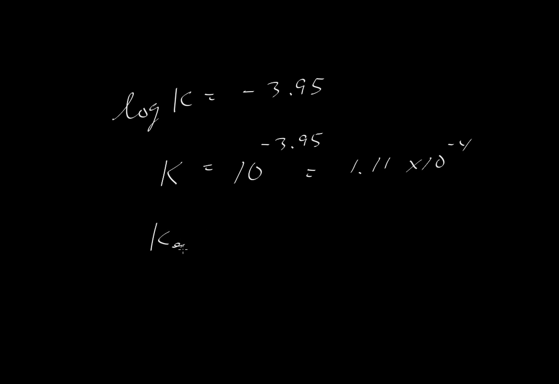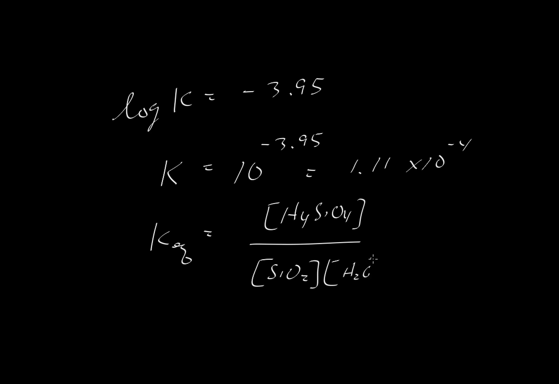Well, what is the K? This equilibrium constant, I've dropped off the Keq, is the concentration of our products, H4SiO4, divided by the concentration of our reactants, SiO2 and then H2O, and we had 2 moles of H2O, we have to raise that to the second power, so it'd be H2O squared. But if we have pure quartz, then that's going to be equal to 1, and that drops out.